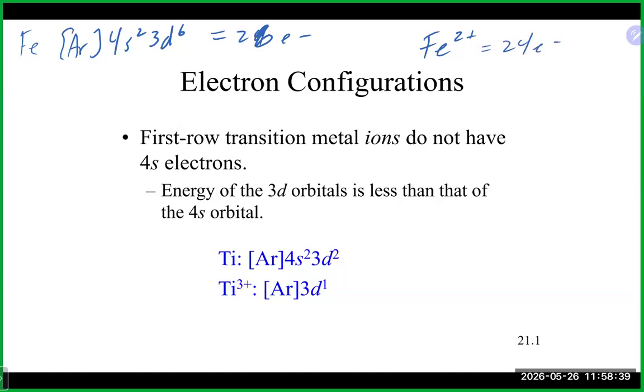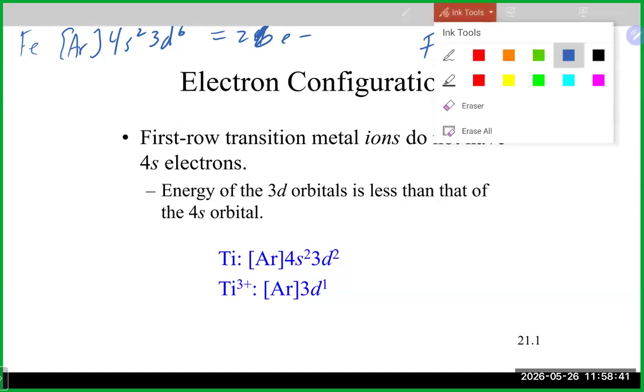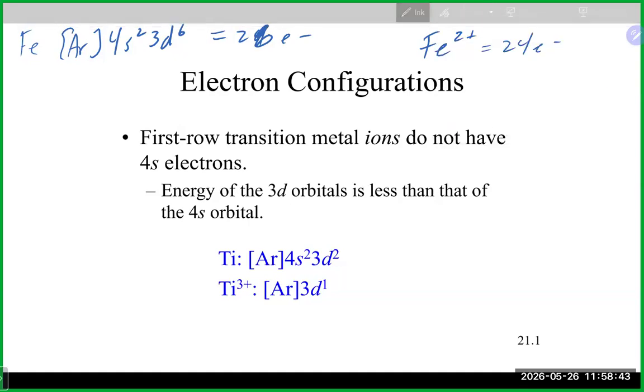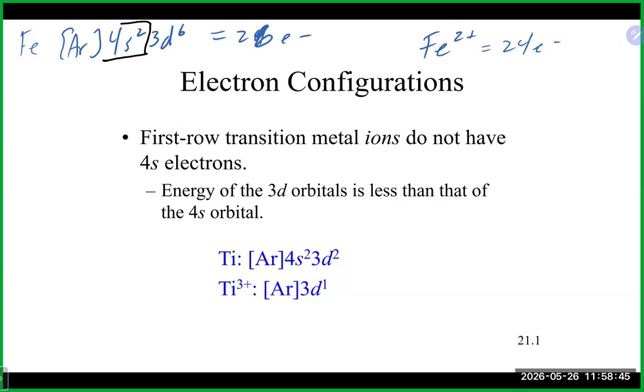Once again, in terms of its electron configuration, because of that switch, it is these 2 s electrons that are lost first by iron, and we would end up with a configuration of argon 3d6, which means iron with a +2 charge has 6 valence electrons available to it, which will be important a little later in this chapter.